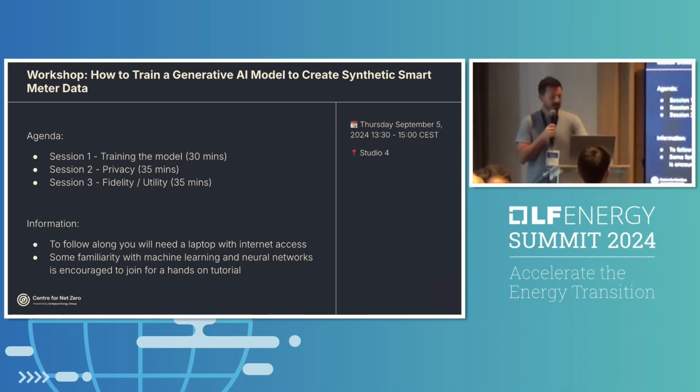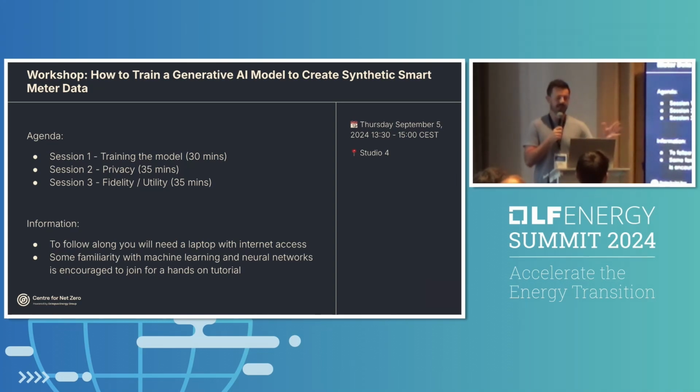So on to the workshop. This workshop is hands-on. So there's the ability to run some of the code and generate data and do some of the things yourselves. But we'll also be talking through some of the topics as well. It's also going to follow the evaluation framework paper, the same topics.